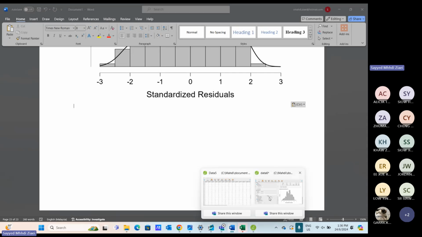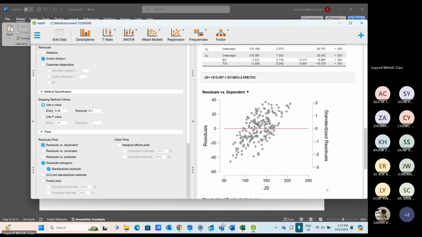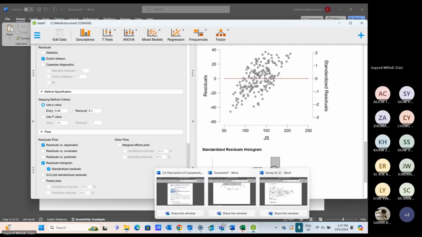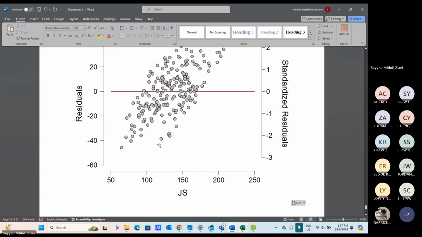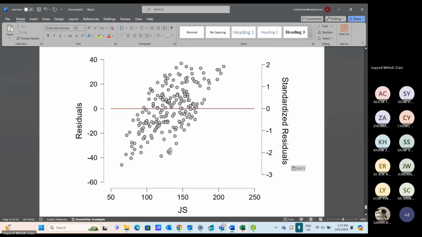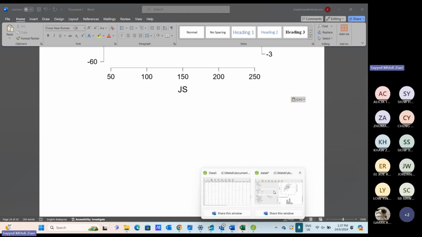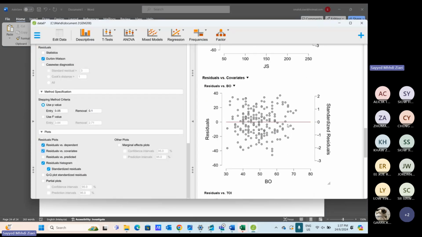And then if you want to get the residual dependent, you can get the residual dependent information. If you want to have residual independent, you can get the residual independent table.